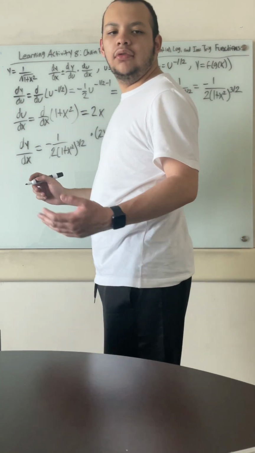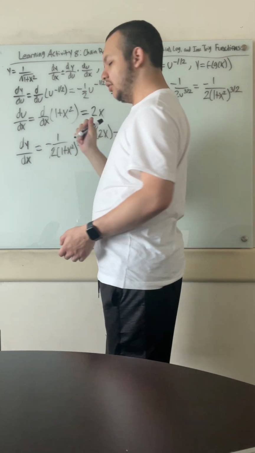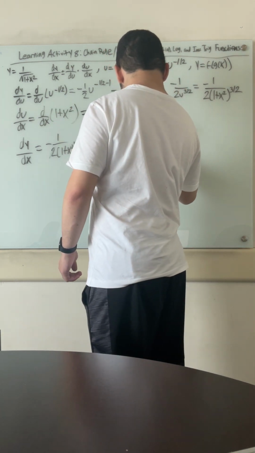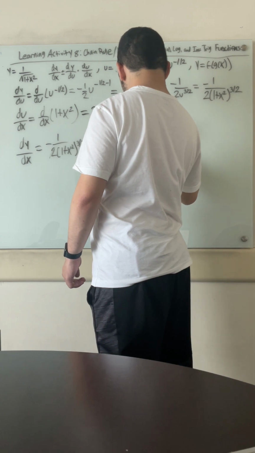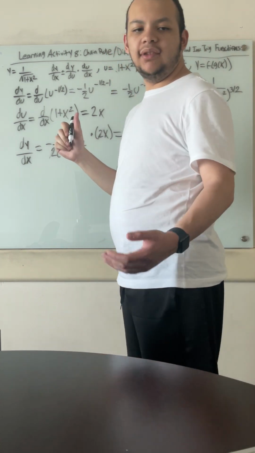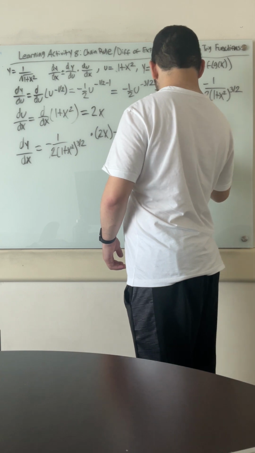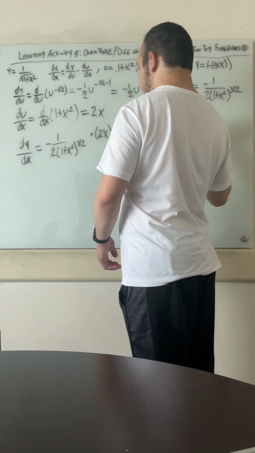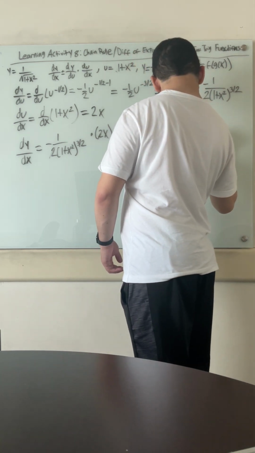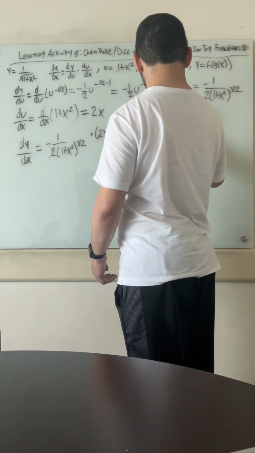That leaves us with negative x over 1 plus x squared to the 3/2 power, which can be simplified to negative x over the square root of 1 plus x squared, cubed. And this is our final answer for number 1.